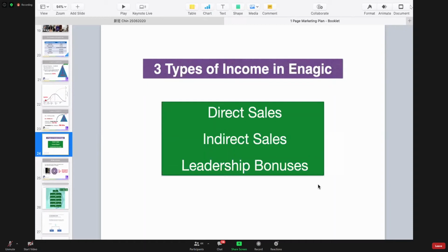Now our commissions, as in direct sales and indirect sales, are all counted per machine, machine by machine, counted daily. But when you qualify as a leader, the company pays you the leadership bonus. You are being paid monthly, not just on your sales, not just on your indirect sales. In fact, everything adds up together, and the company will pay you this income.